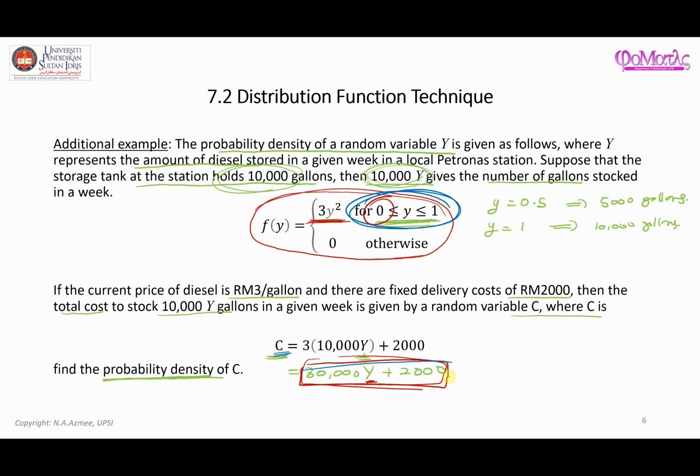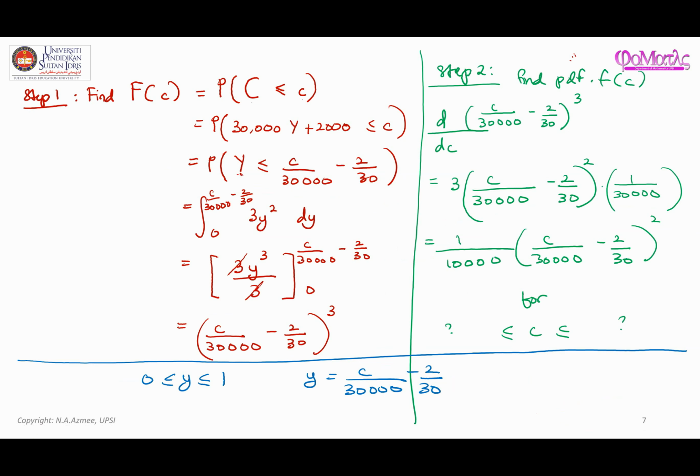We can obtain it from this part. C is 30,000y plus 2,000, and therefore y is just C minus 2,000 and then over 30,000, which can be simplified as C over 30,000 minus 2 over 30, and that is my y.